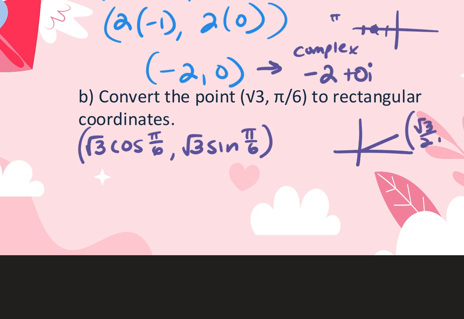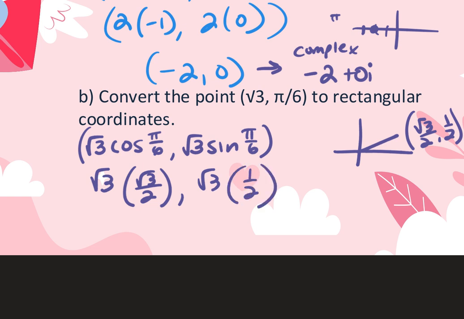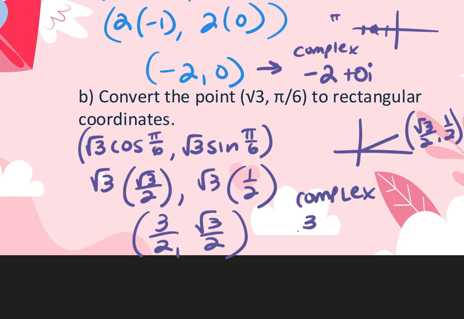Root 3 over 2, 1/2. So this is root 3 times root 3 over 2, comma, root 3 times 1/2. Root 3 times root 3 is 3, and root 3 over 2. And if it wanted it in complex form, it would be 3 over 2 plus root 3 over 2 i.